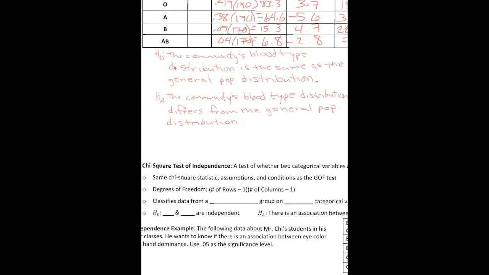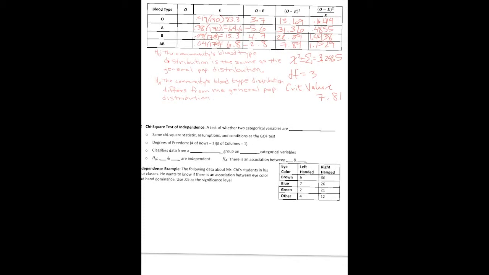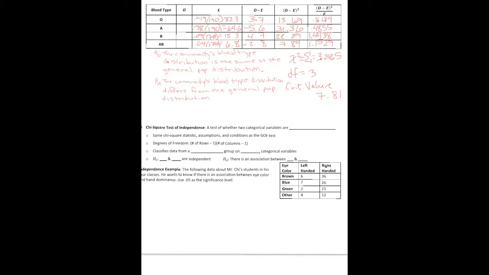Okay, so going back to our actual data and what we have here for our test, we have a chi-square value of 3.2465 and a critical value of 7.81.